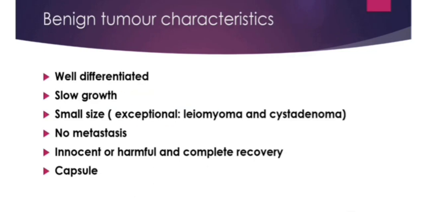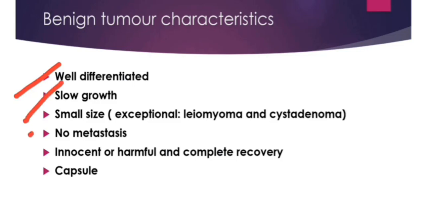The characteristics of a benign tumor are wholly opposite to those of the malignant tumor. So we can say that the benign tumor will be well differentiated. That means there will be more resemblance to the normal tissue, less difference.